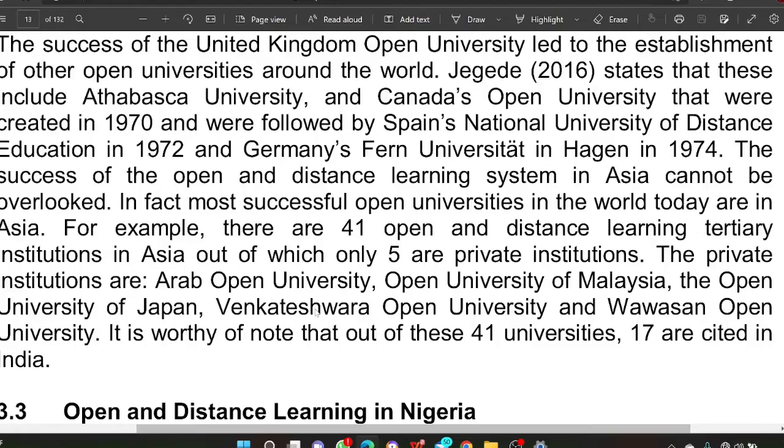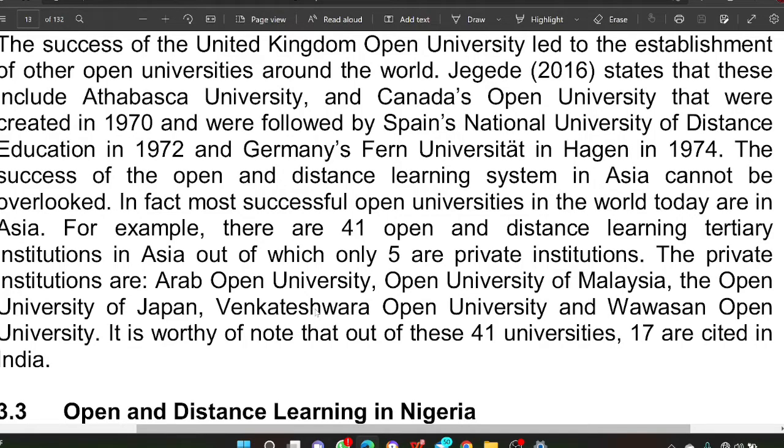The success of the open and distance learning system in Asia cannot be overlooked. In fact, most successful open universities in the world today are in Asia. For example, there are 41 open and distance learning tertiary institutions in Asia, out of which only five are private institutions.